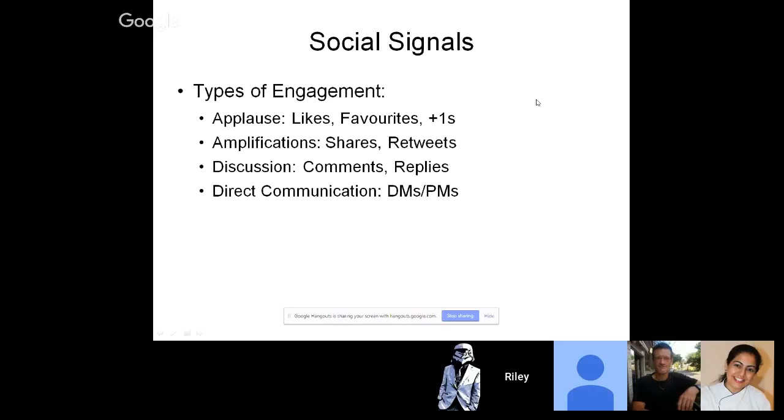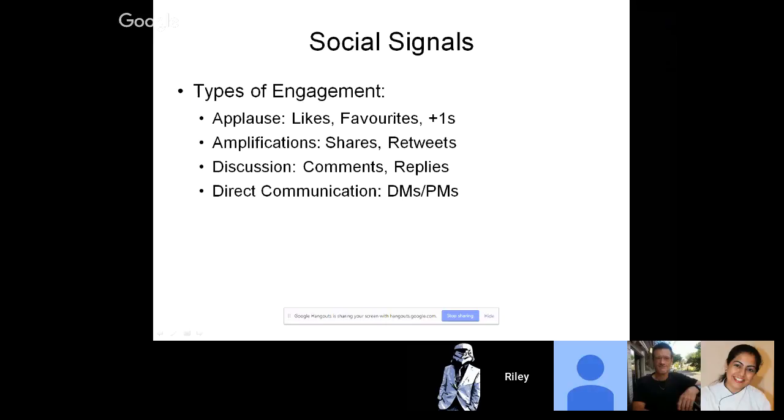And you might even want to send them a private message as well, depending on who it is. If it's a potential customer, you might want to send them a private message. So there's more information, and it's generally better in every way, shape, and form. Amplification is better than applause.